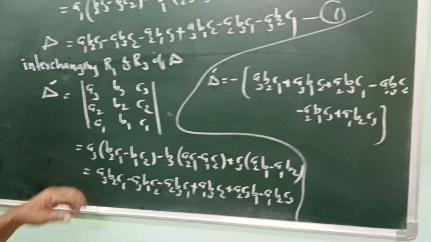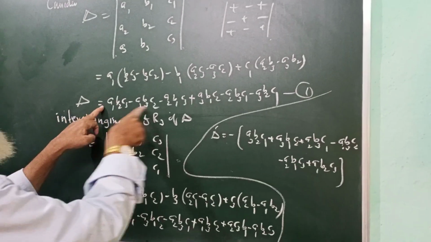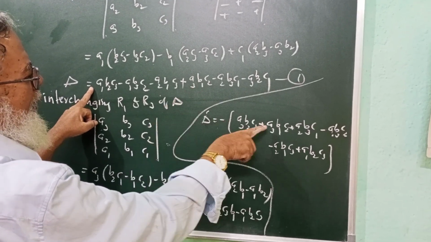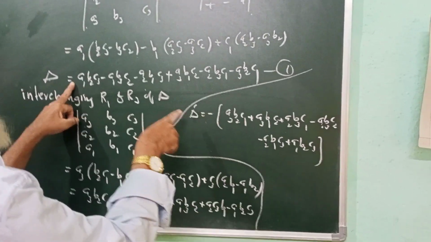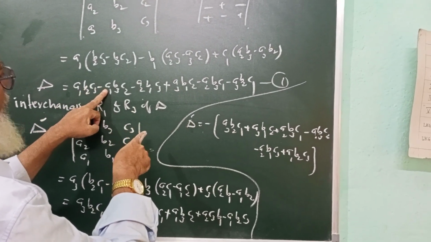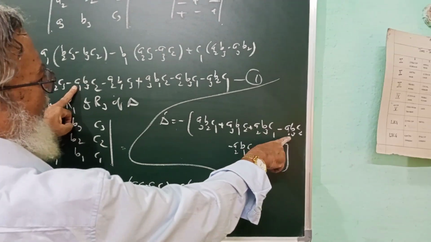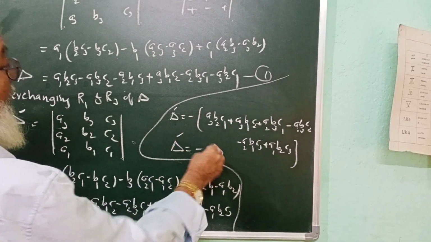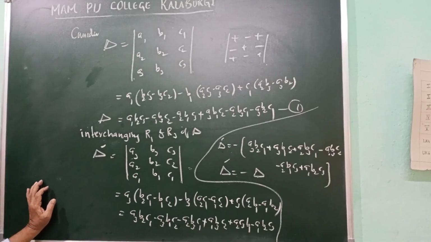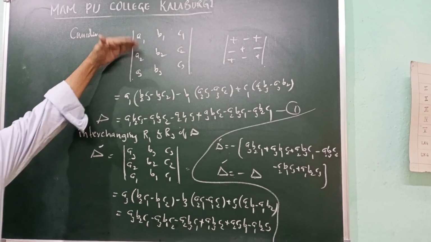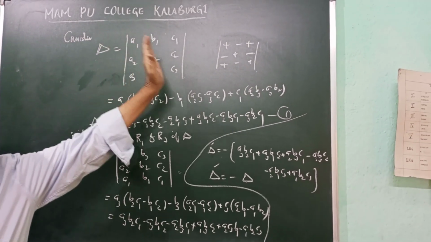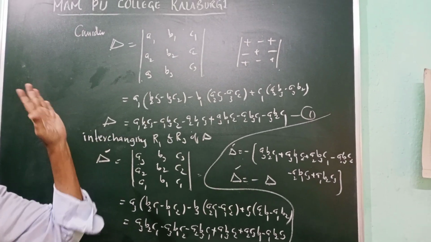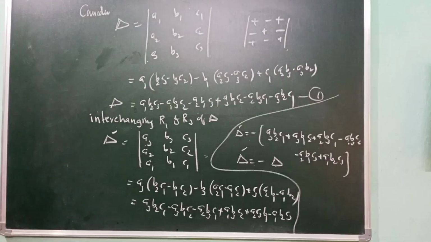Now see carefully and check term by term here. Terms may be here and there. A3 B1 C2, here look here it is A3 B1 C2. Similarly, it is A1 B3 C2. Like this every term you check, you will get it is equal to minus delta. Therefore, this property shows that whenever you interchange any two rows or any two columns, the value of the determinant changes the sign. That is the second property.